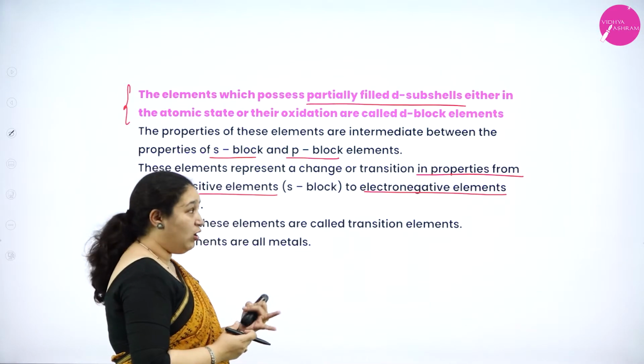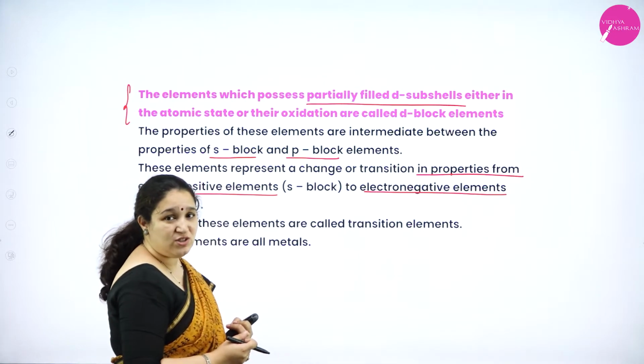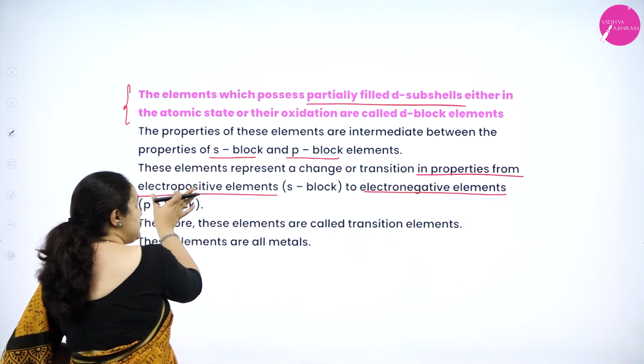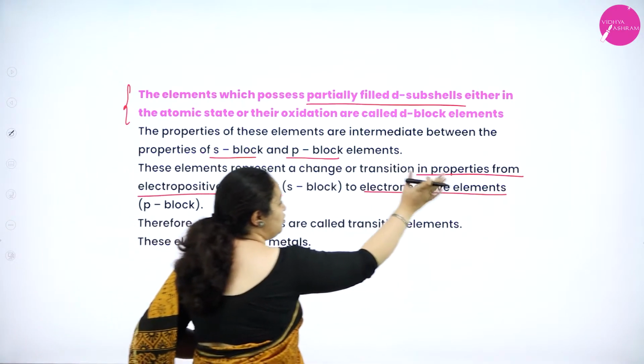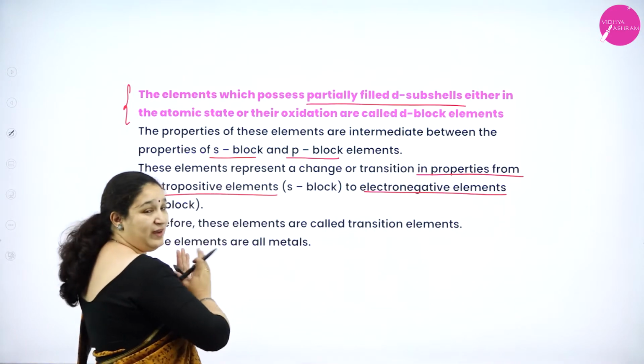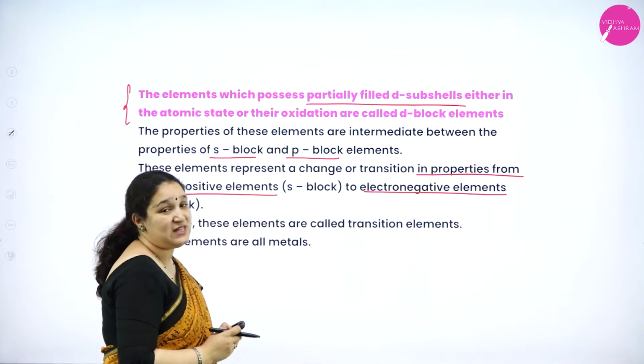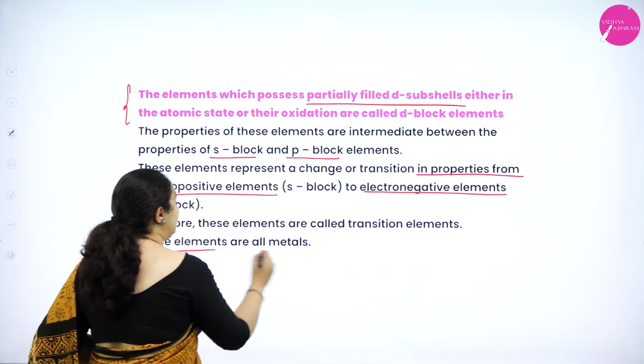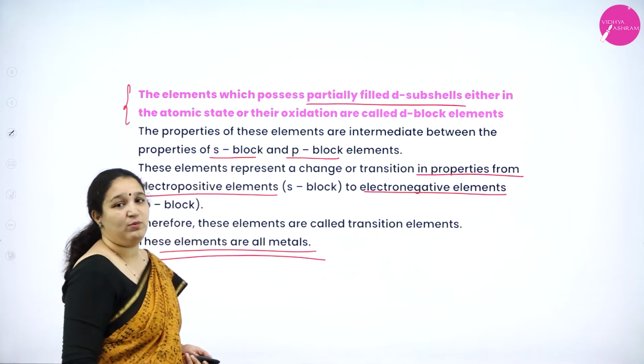Or it is also called transition metals because there is a transition in the properties from electropositive elements to the electronegative elements, and in between we get the d block elements. That's why it's also called the transition metals, and they are all metals.